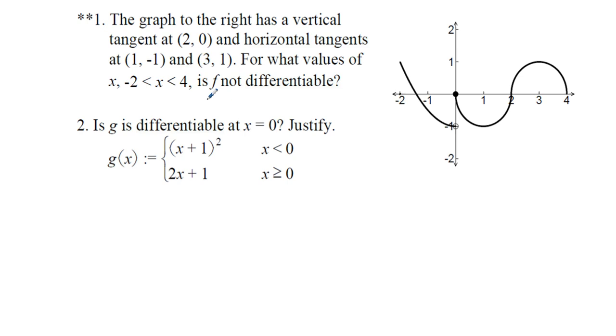Now we'll go to the problems. 1. The graph to the right has a vertical tangent line at (2, 0) and horizontal tangents at (1, -1) and (3, 1). For what values of x in the interval from -2 to 4 is f not differentiable?